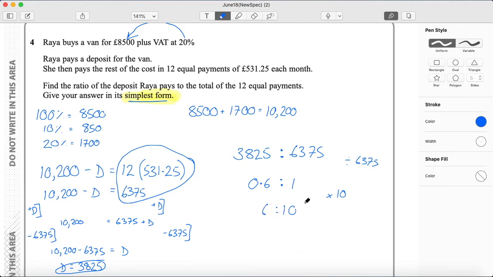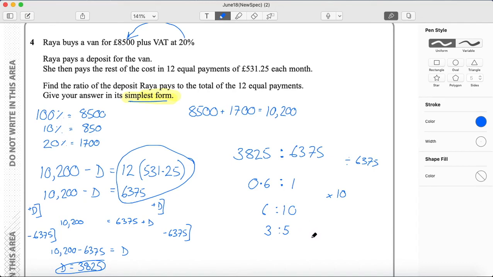And is this in its simplest form? I'll just leave you to pause the video and think about it for just a second. And no, it's not, because we've got even numbers on both sides. We have 6 and 10. So we can divide both sides by 2, giving us 3 and 5. Now, is this in its simplest form?